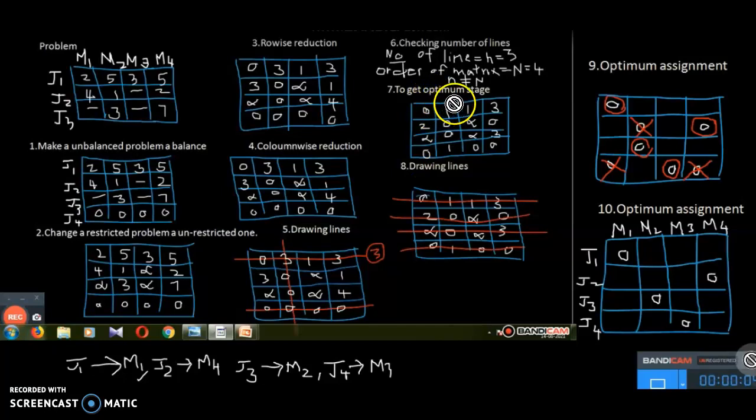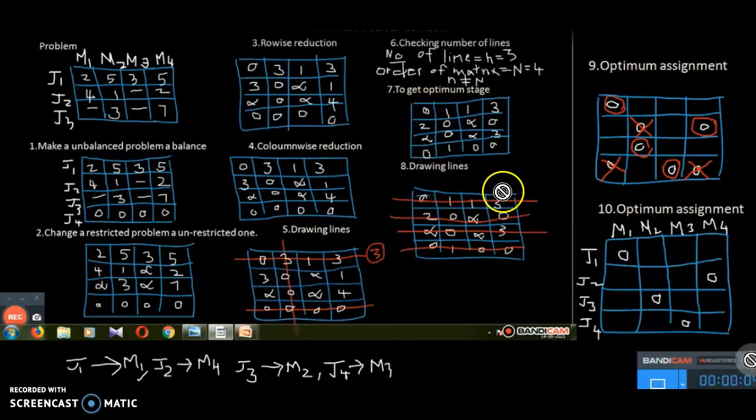So 1, 1 we have. All other elements on the lines you write as they are. Zeros here, 0 1 3 0 0 0 0 and 0. Okay, right.